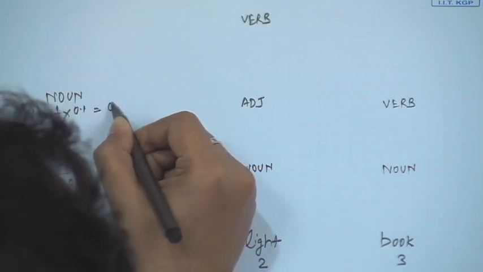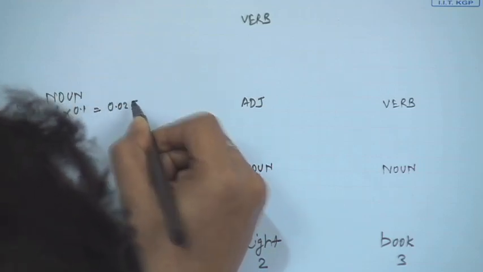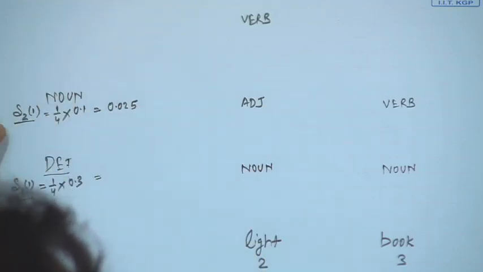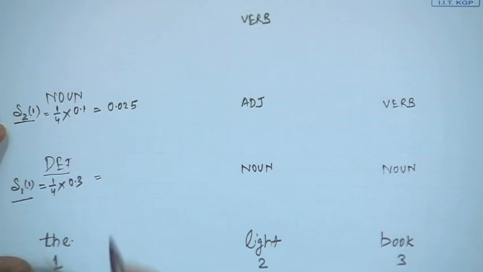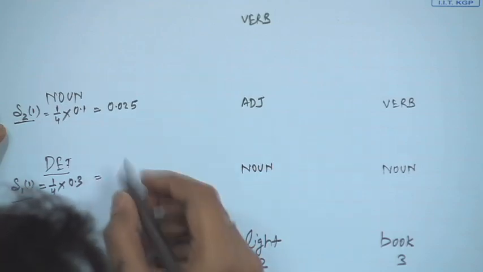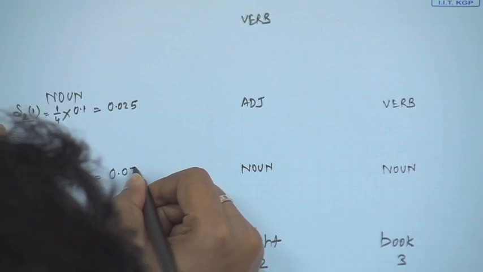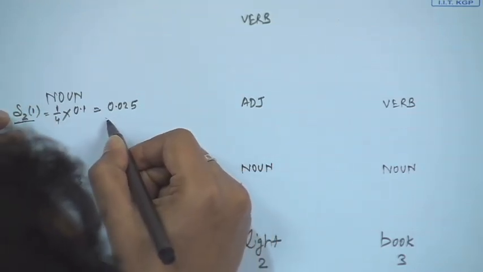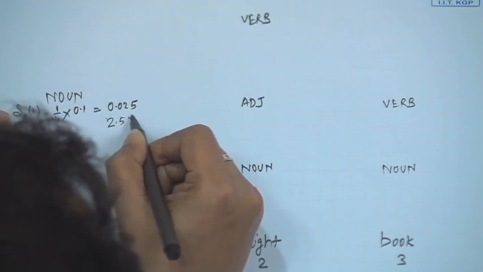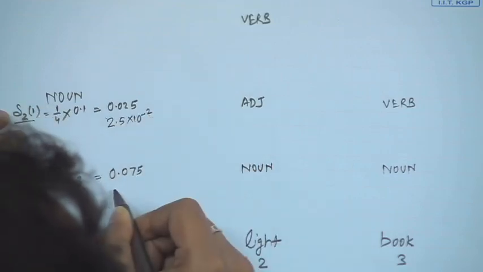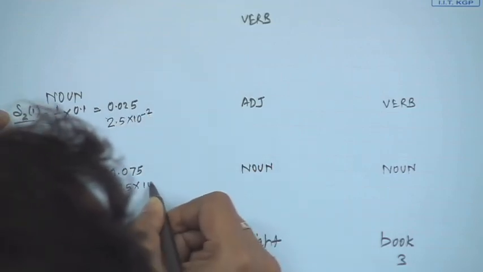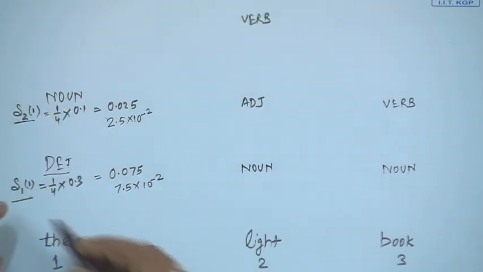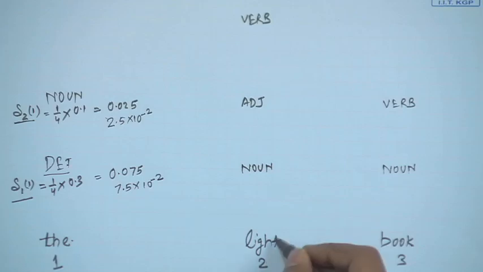So you can further write them as 0.025 and 0.075. Better to write them as 2.5 into 10 to the power minus 2 and 7.5 into 10 to the power minus 2. Okay, so you have delta 11, delta 21. Now you go to the next step.